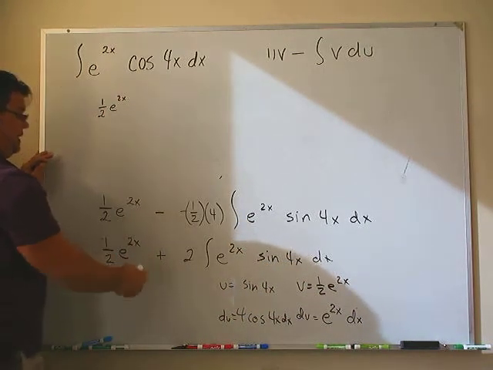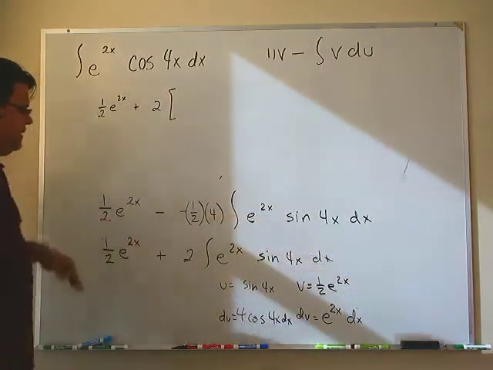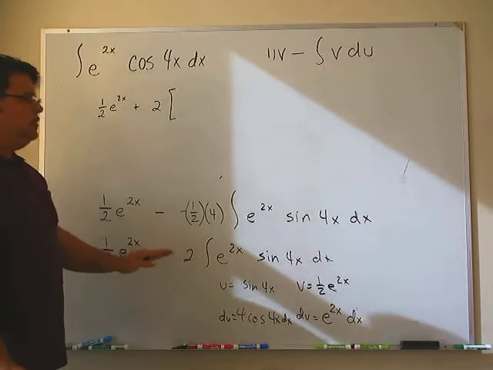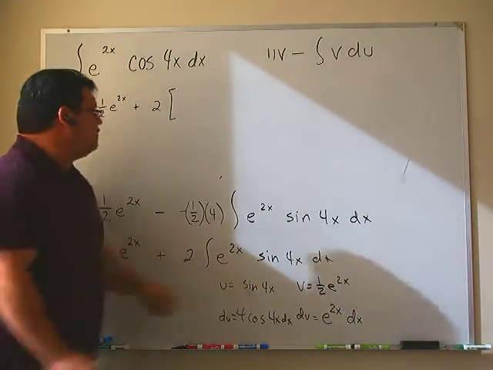And we get 1/2 e to the 2x plus 2 brackets. Now we got to plug and chug.